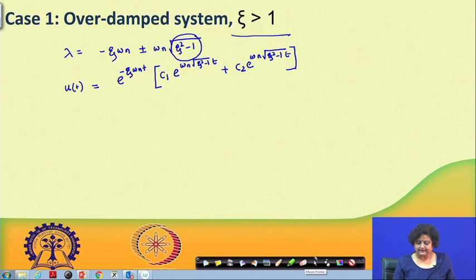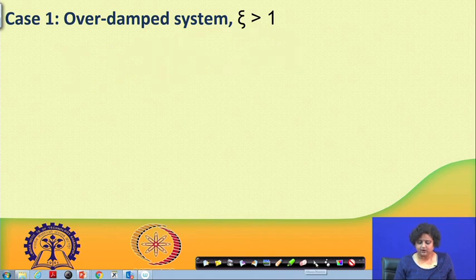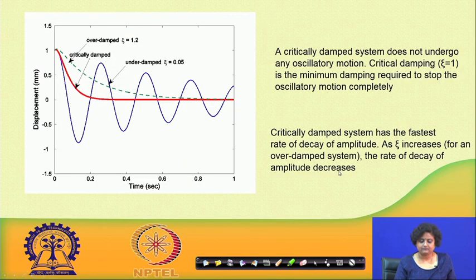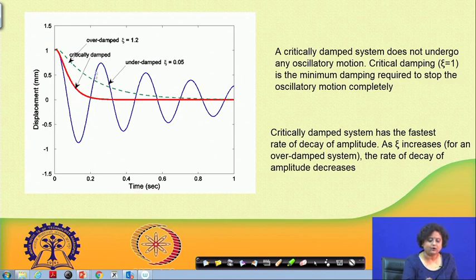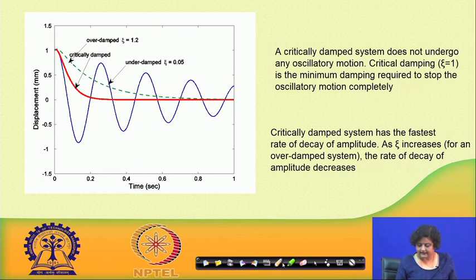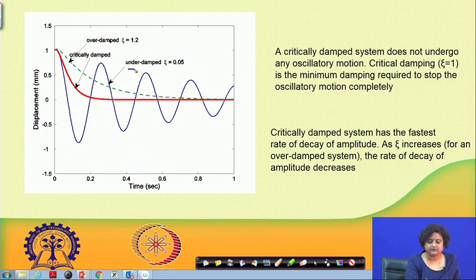Let us look at how the response is going to look. This is a plot which shows the response of the system for various damping conditions. We have an oscillatory motion for the underdamped system, drawn for a particular value of zeta equal to 0.05.